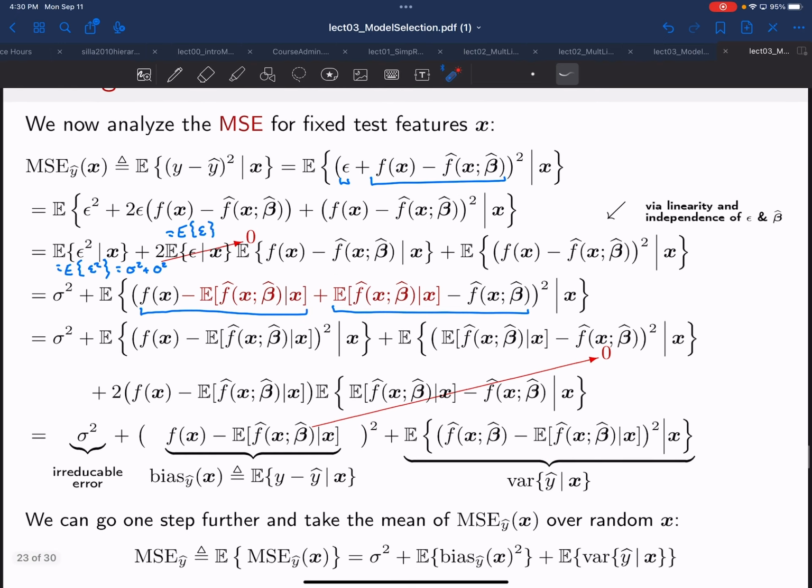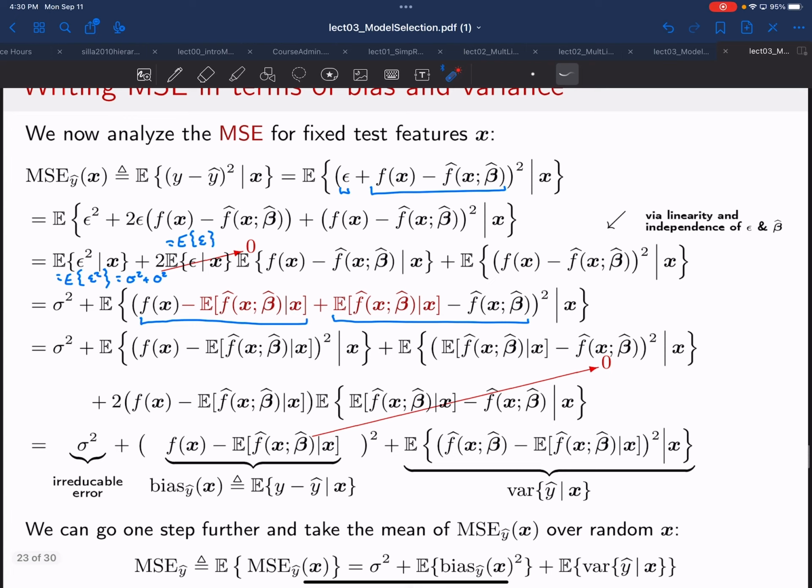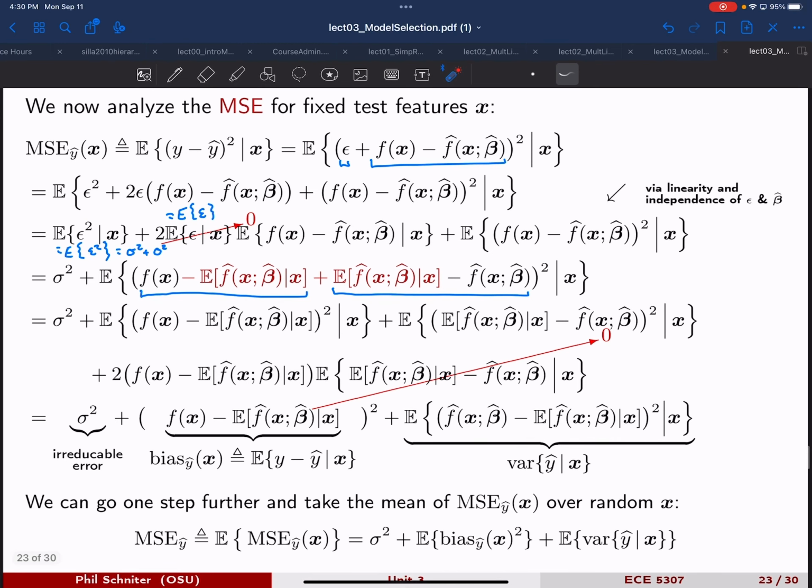A lot of design questions can be answered in terms of this. You often want to minimize your mean squared error, and you often see a trade-off between making the bias small and making the variance small. You can do one or the other, but you can't do both. We'll see more of that coming up.